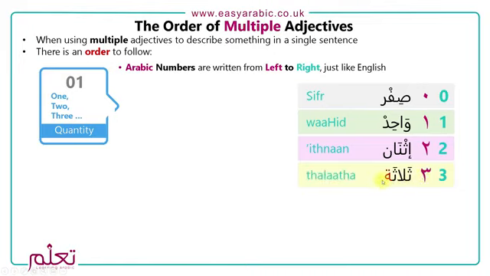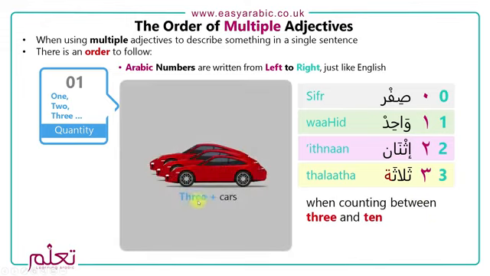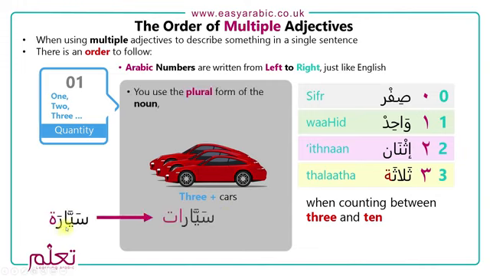Okay, and when counting between numbers 3 and 10, there's a rule that we need to apply. If we look at this, we've got 3 cars. So what we do is we use the plural form of the noun. Sayyara is the car, and it will become sayyarat.